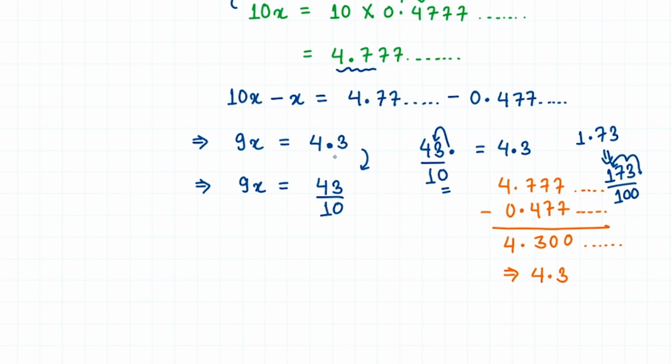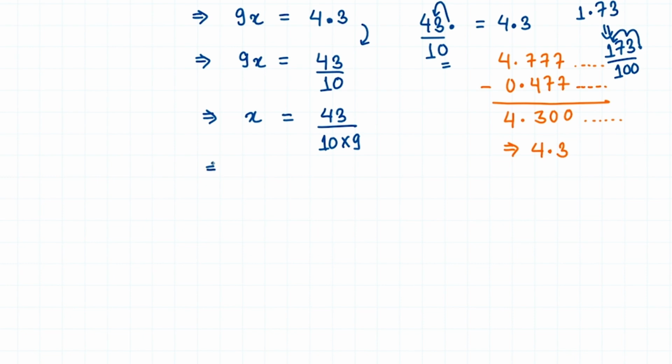Now that we have converted this decimal number into our fraction, we still need to find the value of x, okay? So we have our 9x as 43 by 10. When we move that 9 over to the right side, it's going to go with the 10, okay? So we have 43 divided by 10 times 9.